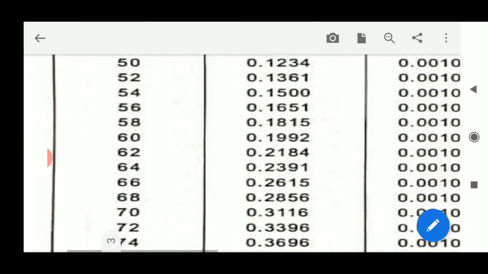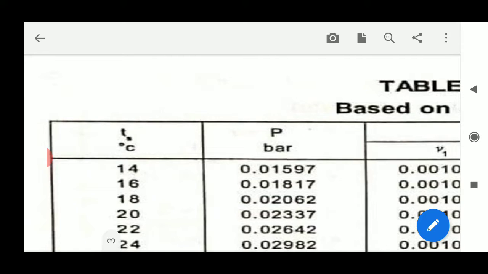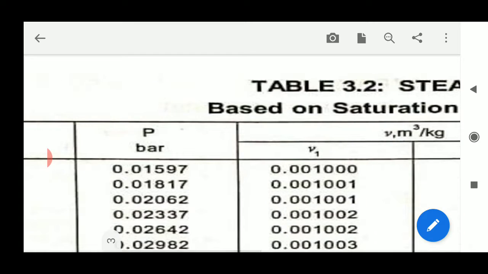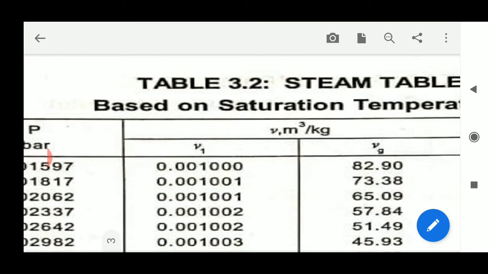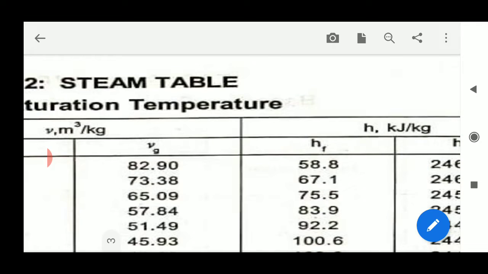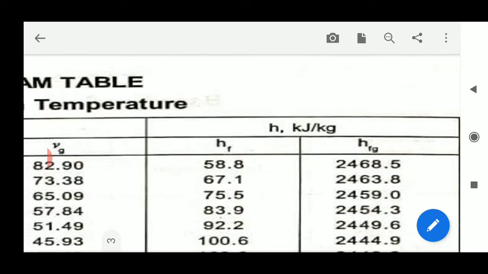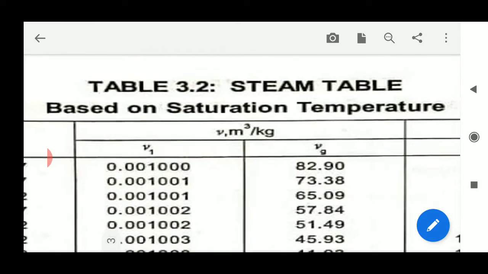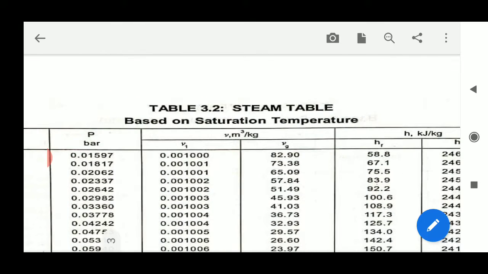And for this saturation temperature, the corresponding pressure is given in the next column. Say for example, for 20 degrees Celsius saturation temperature, the pressure is 0.02337, and similarly in the next columns the specific volume and the specific enthalpy. So these are given, and we can use these data to solve the problems.